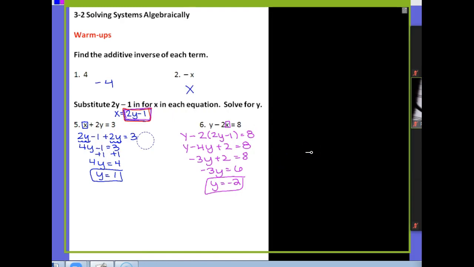You were supposed to do the same thing in warm-up number 6. Everywhere you had an x, you were supposed to replace it with 2y minus 1. Replacing x with 2y minus 1 allowed you to distribute, combine like terms, and simplify down to a final answer of -2.